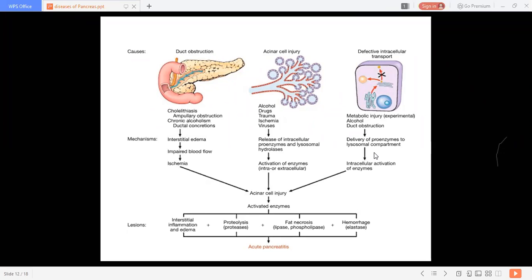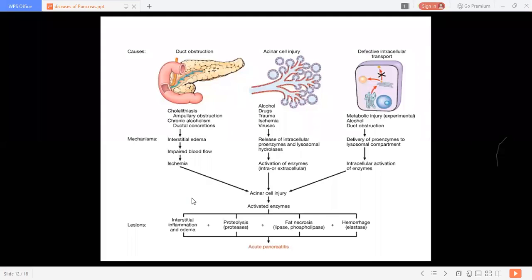Okay. This release and activation of these enzymes will ultimately lead to acinar cell injury. Later on, this acinar cell injury again causes activation of enzymes, and these four lesions will get formed in the pancreas.